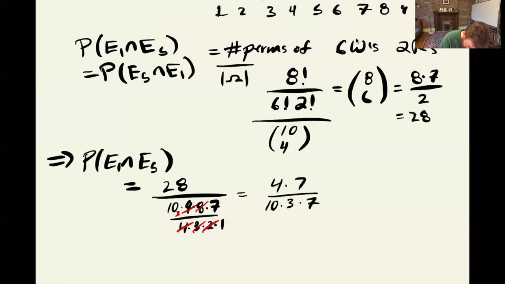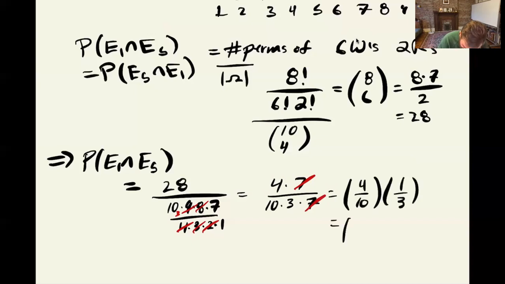Now this is going to look a little weird, of course, as I cancel this out, but I'm going to write it slightly differently. So 4/10 times 1/3. Another way of writing this is as 4/10 times 3/9. And if I'd simplified slightly differently, I would have gotten exactly this 3/9.